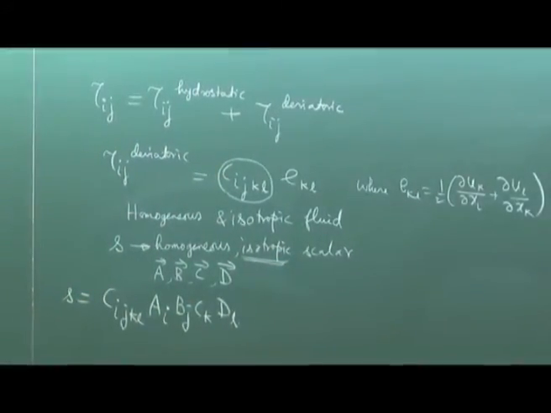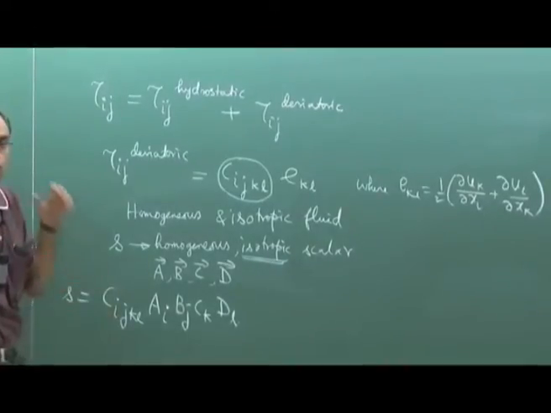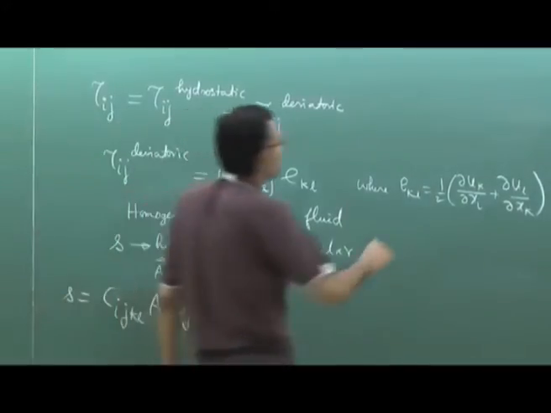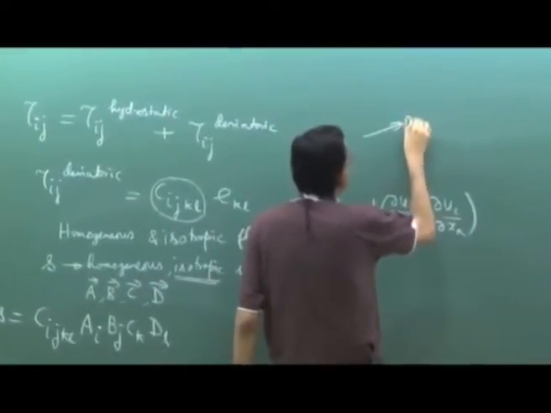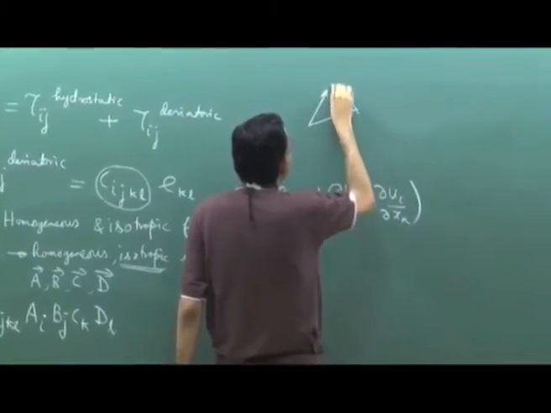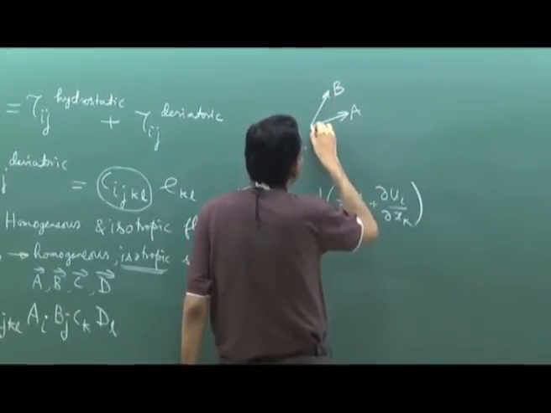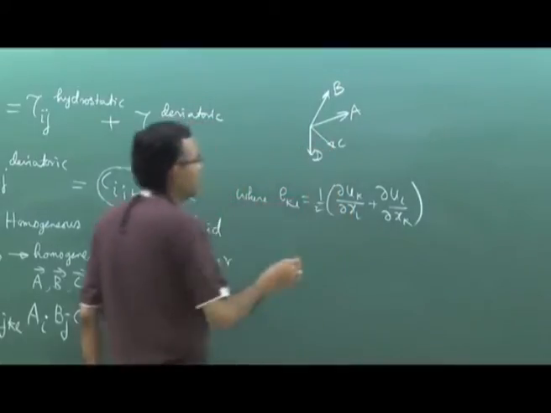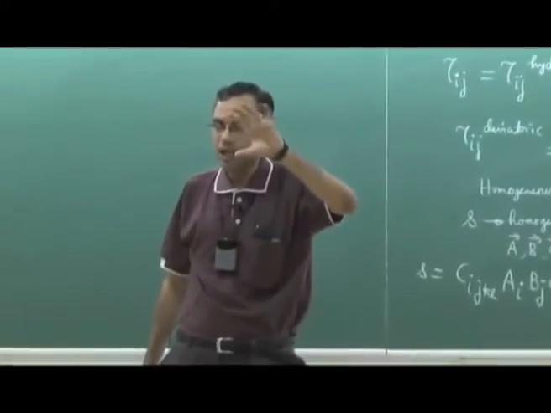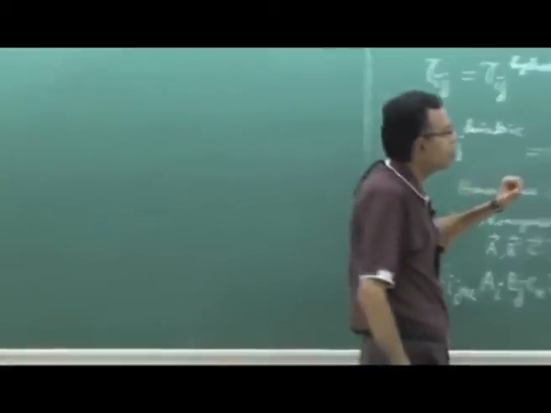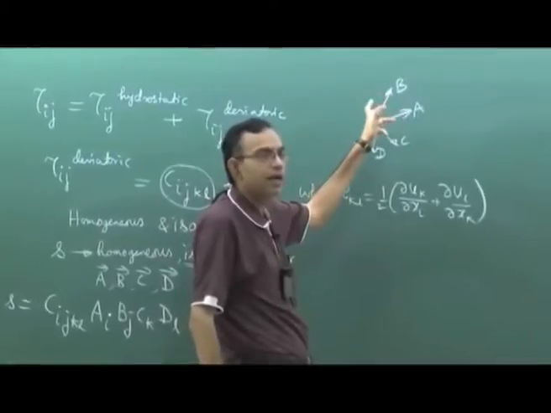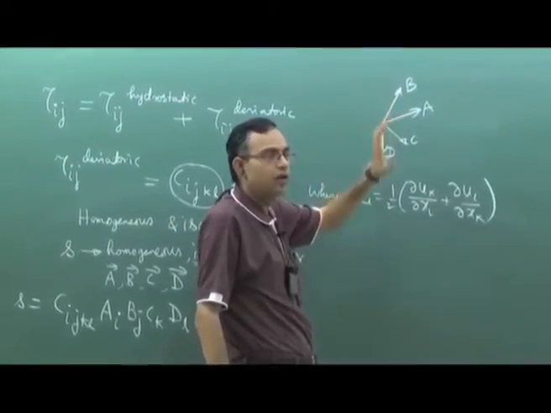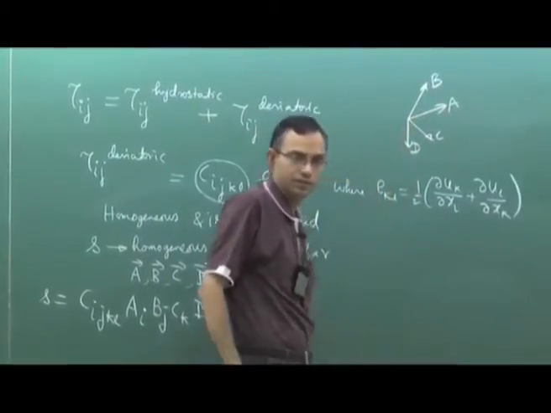So an isotropic scalar means, what is important? Let us say you have vectors A, B, C, D. When you have isotropic behavior, that means if you now rotate this vector system by some angle, there will be no change in the property description.